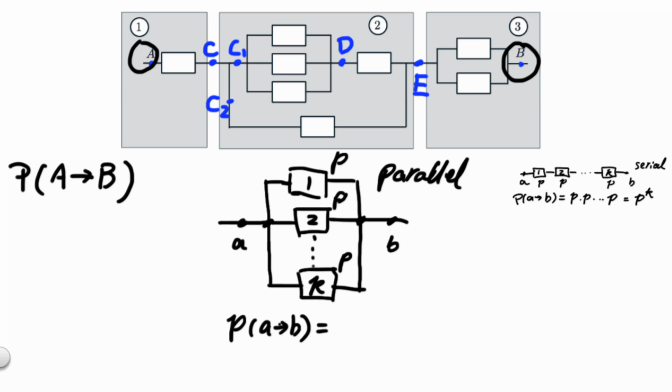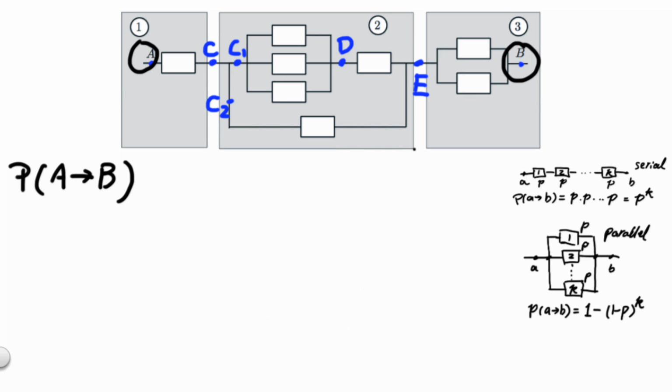So the probability of A to B is the probability that at least one of these components works, or in other words, the probability of the complement of the event where all components fail. Now if each component has probability p to be good, then the probability that all k components fail is (1 minus p) raised to the kth power. Again, having this expression means that we have used the property of independence, and that is the probability of having a good parallel structure.